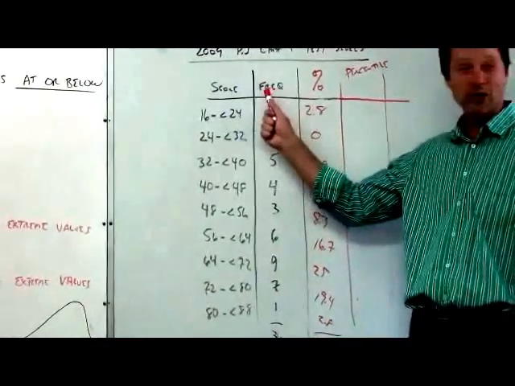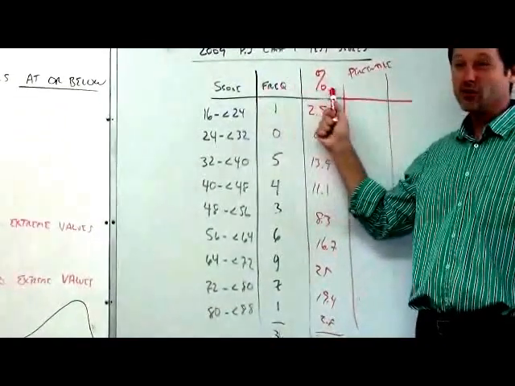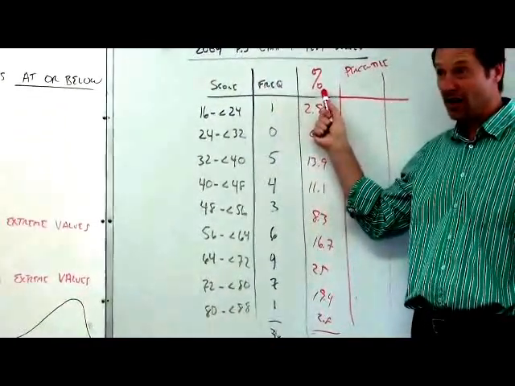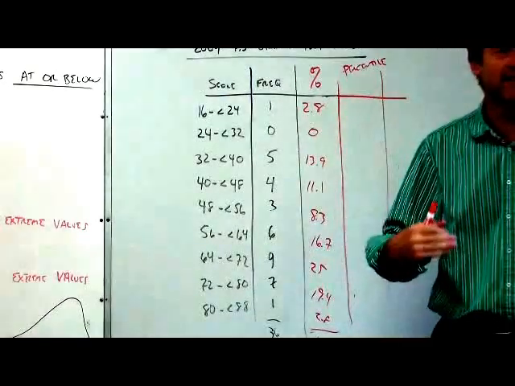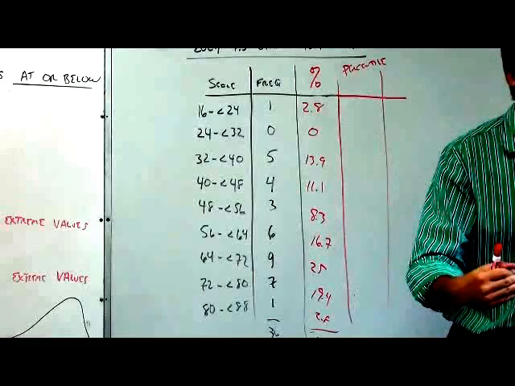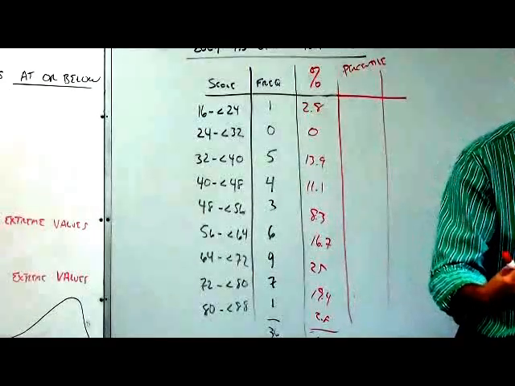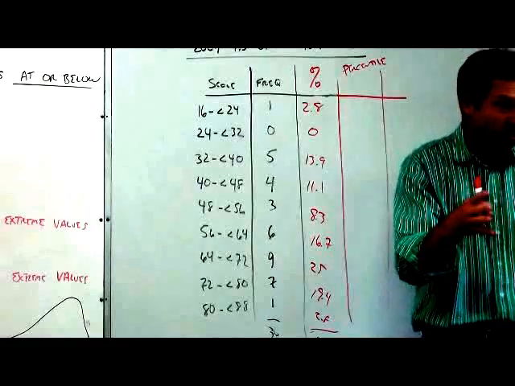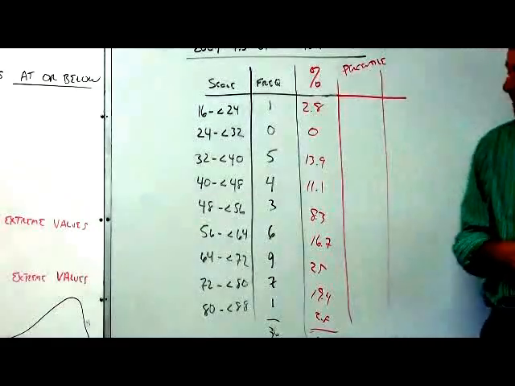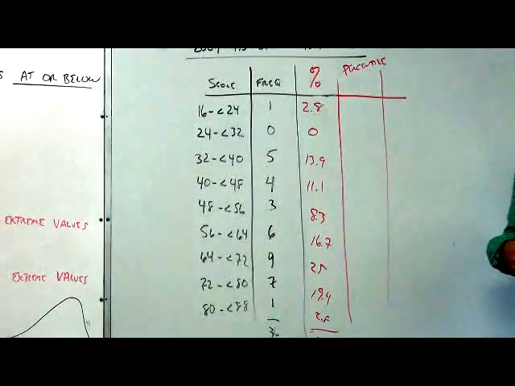Remember how this was frequency, and this was relative frequency? This column in your book sometimes is called cumulative relative frequency. Don't freak out if you see that. It just means percentile, okay? It adds up everybody you beat before, cumulative. I just like to call it percentile.